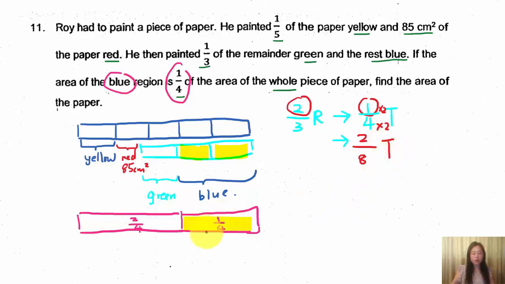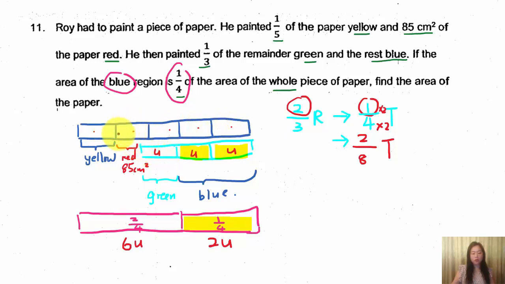So now we can see that this is equivalent to 2 units, and therefore, since the total is 8 units, this must be 8 units minus 2 units, which is 6 units. So this one is a unit, and this is also a unit. But our question is, how about here? How are we going to find the unit represented here?